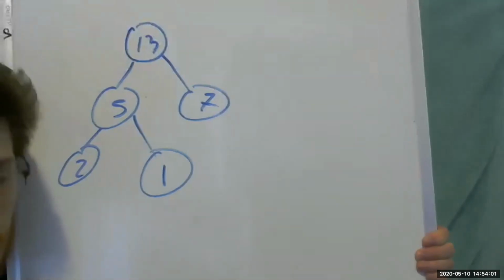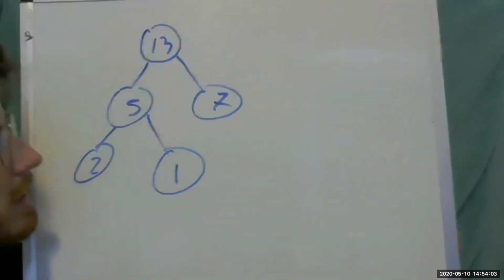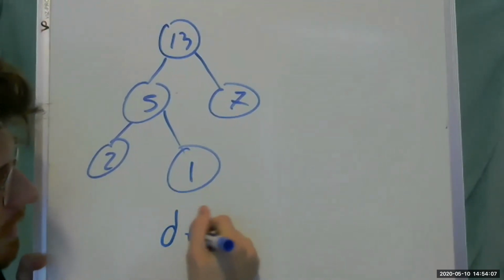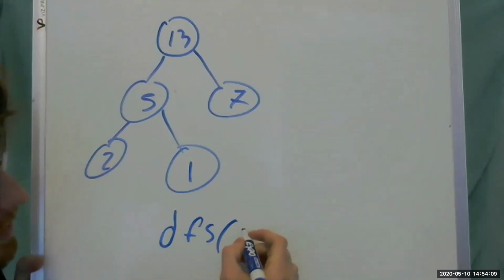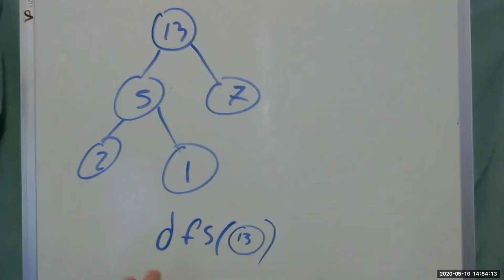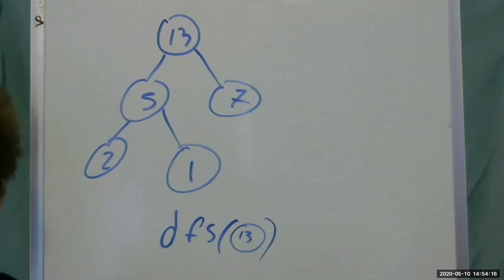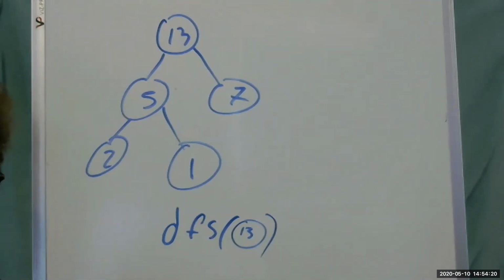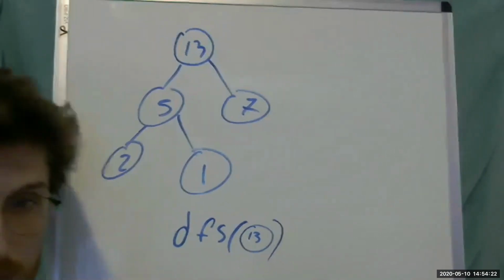Okay. We're starting with this root node, right? The first thing is we're calling DFS on this node, DFS on 13. First we say, if there isn't a node here, we're just going to return 0, because the sum of nothing is nothing.